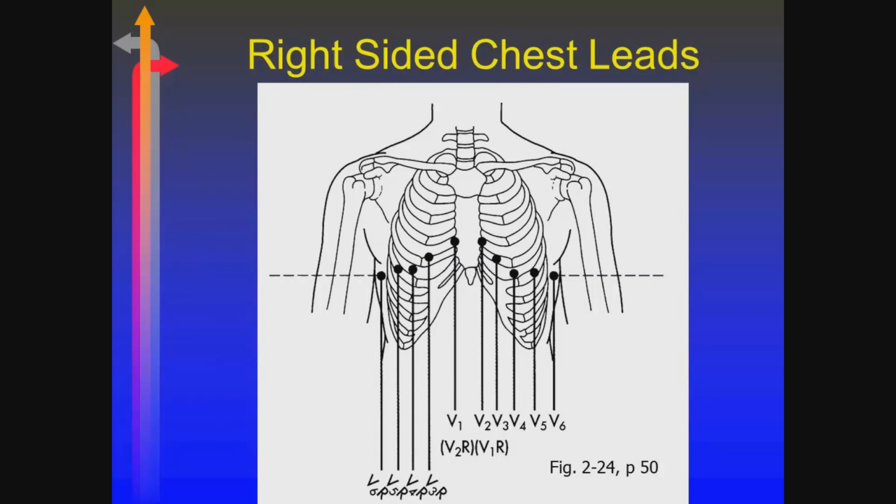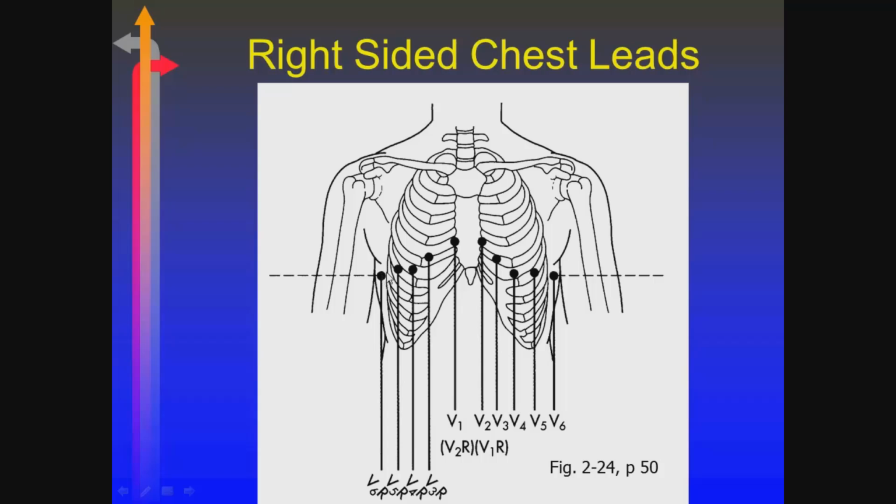Now, if I suspect a right ventricular infarction, you might be asked to do a right-sided chest lead, which are exactly the same. We just reverse it. We call this one V1R, this one V2R, V3R, V4R, V5R, V6R.